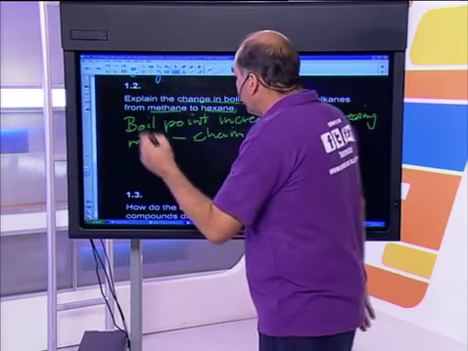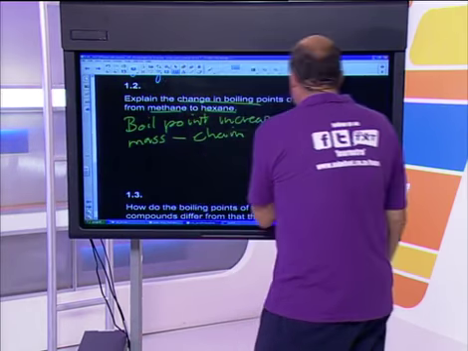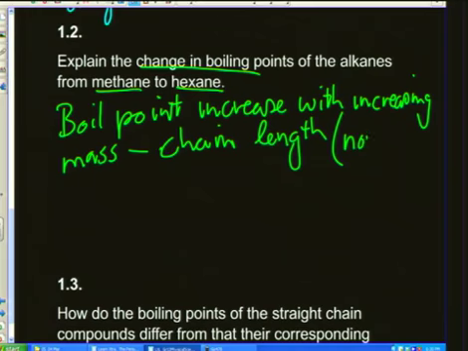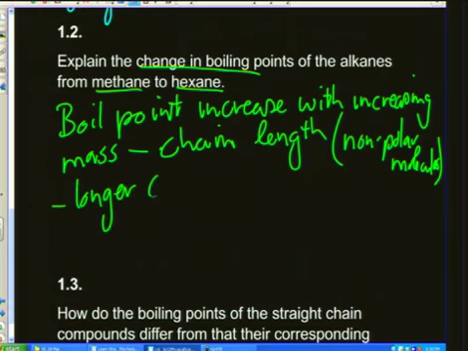We recognize as they get longer and longer, they've got a bigger surface area. That's the important thing. They're all of the same nature. They're all non-polar molecules. But it's important to recognize there's a longer chain, like in hexane, which has got 6 in the chain, there's a bigger surface area.